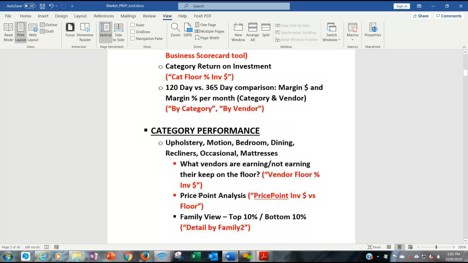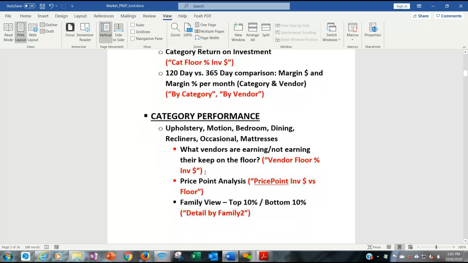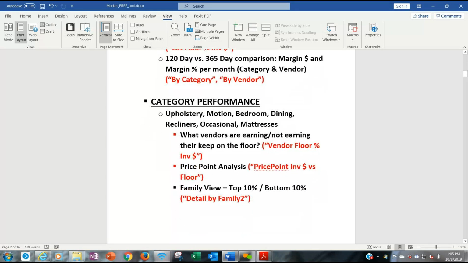And then from there, I get into category level performance. This will vary from business to business or retailer to retailer, but typically we would look at upholstery, motion, bedroom, dining, recliners, occasional, and then mattresses, depending on what market it is, whether it's Vegas or High Point, or where you're at with the buying process.